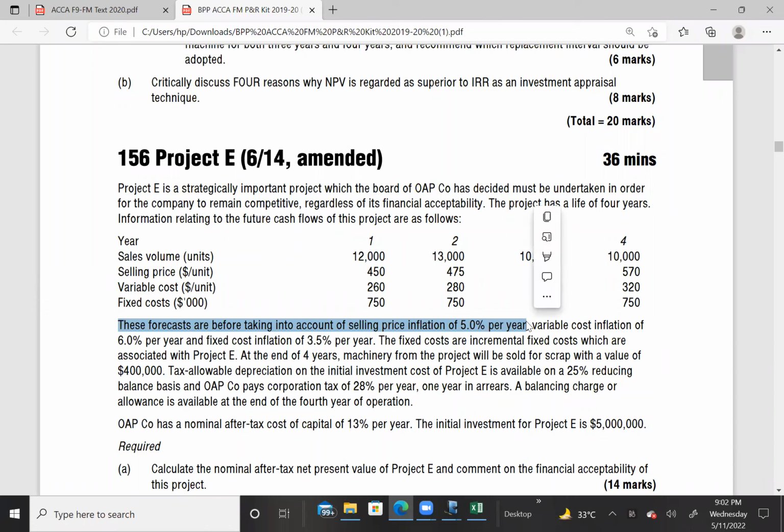And as I told you, we will consider the inflation. So in year 1, we have sold 12,000 units and the sale price is 450.